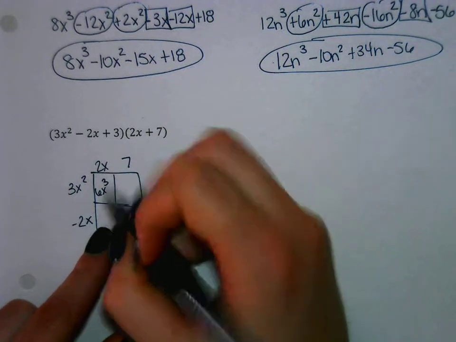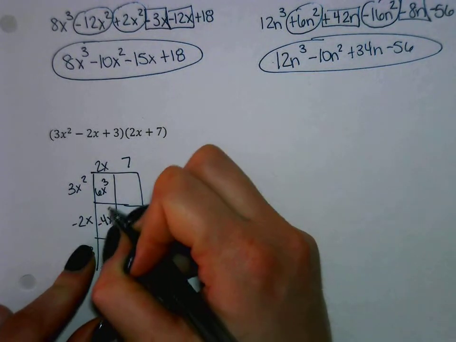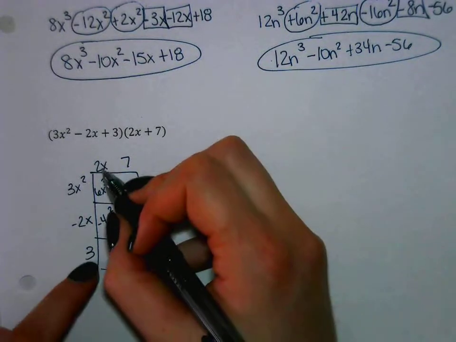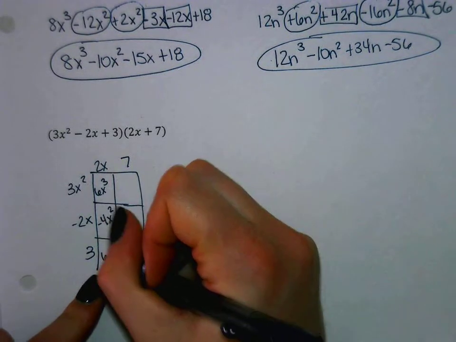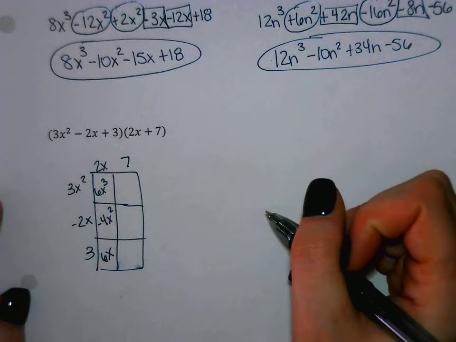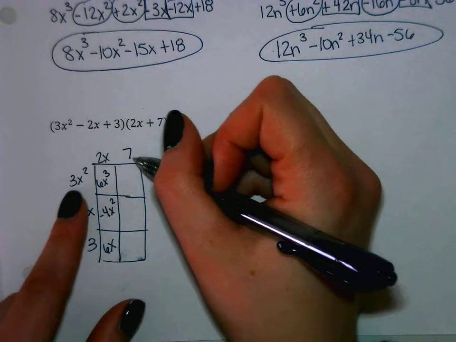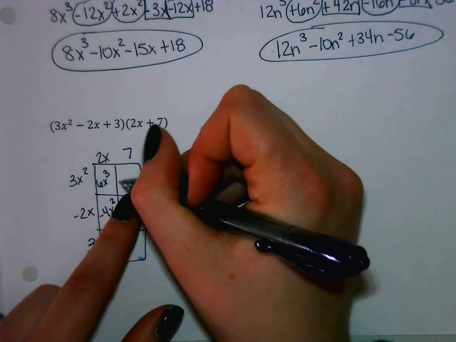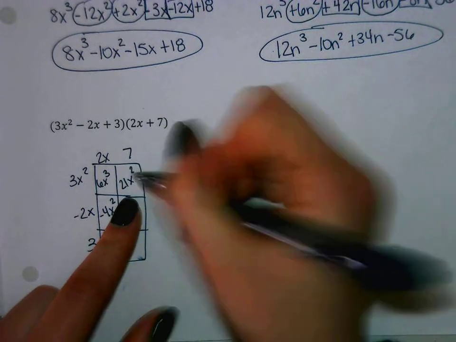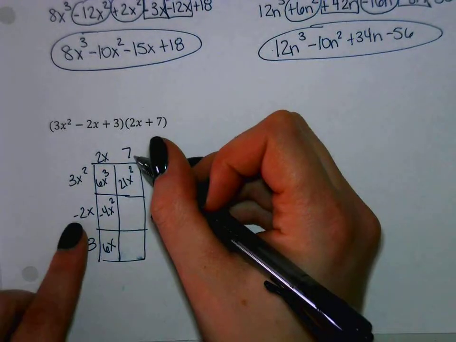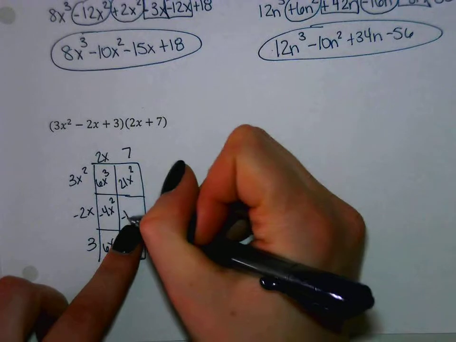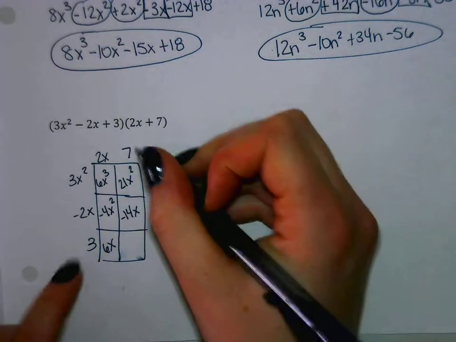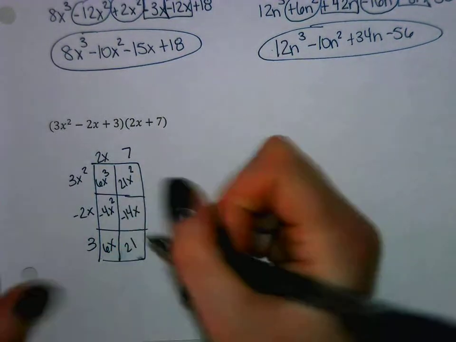Negative 2x times 2x is a negative 4x squared. 3 times 2x is 6x. 3x squared times 7 is 21x squared. Negative 2x times 7 is negative 14x. And 3 times 7 is 21.